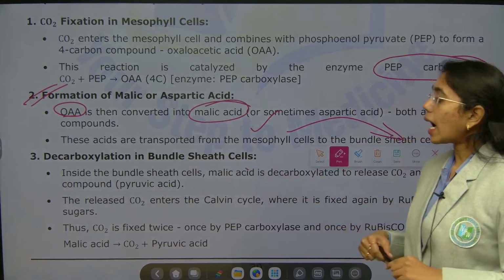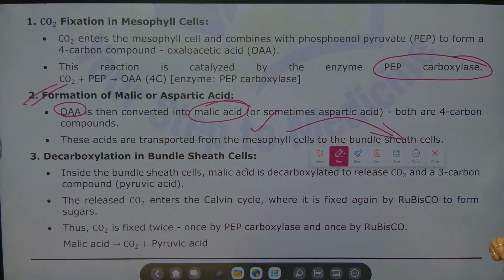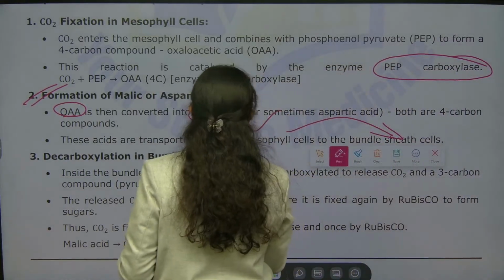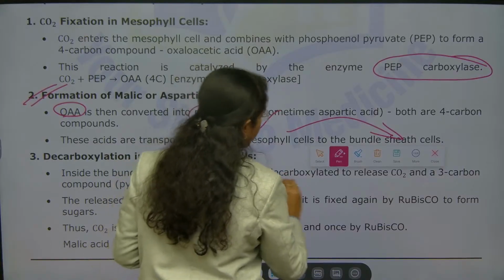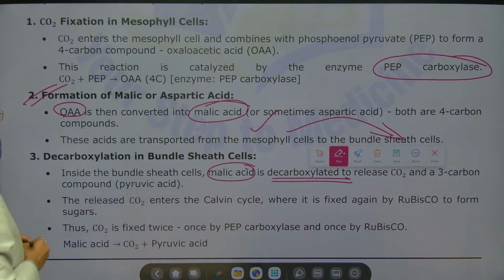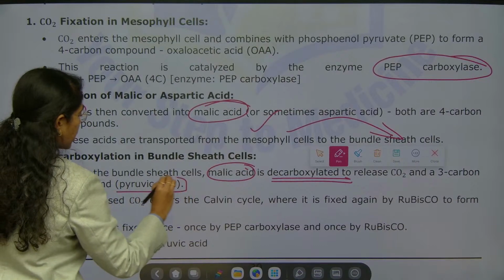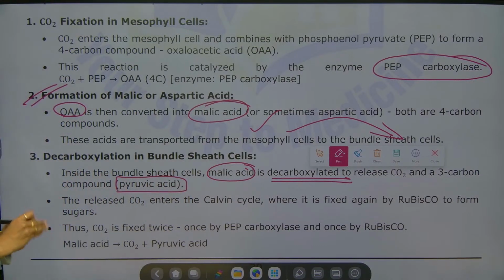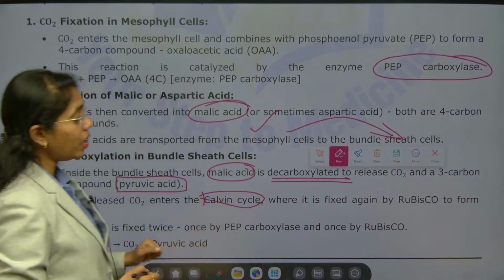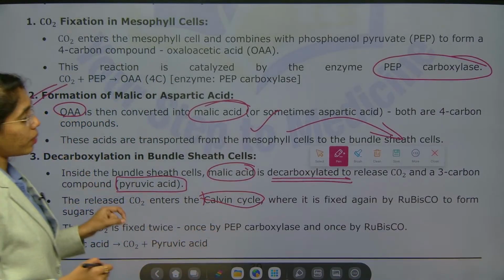Next, decarboxylation in bundle sheath cells. Inside bundle sheath cells, malic acid is decarboxylated to release carbon dioxide and a 3 carbon compound, that is pyruvic acid. The released carbon dioxide will enter the Calvin cycle, where it is fixed again by what?